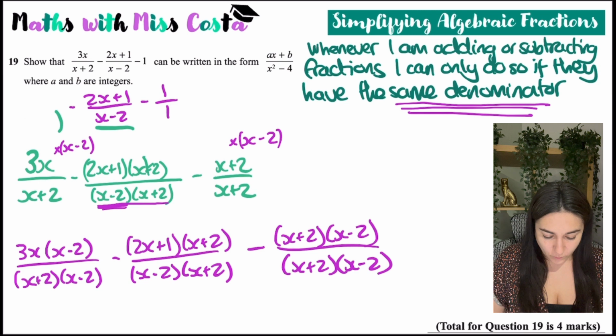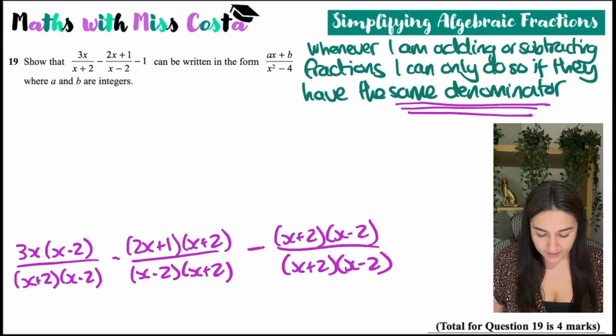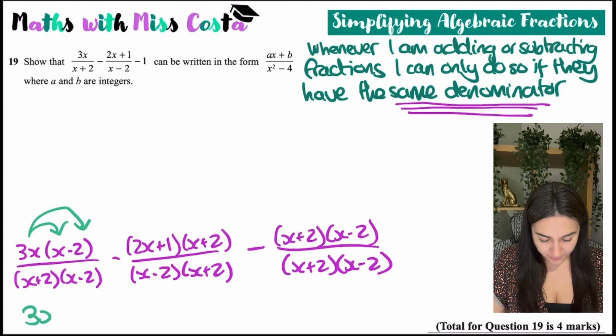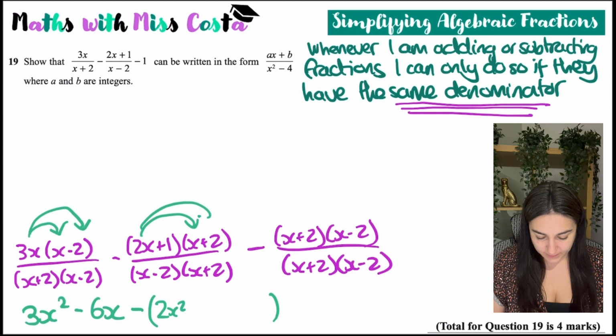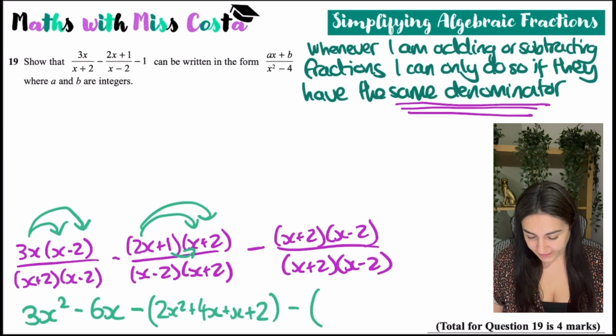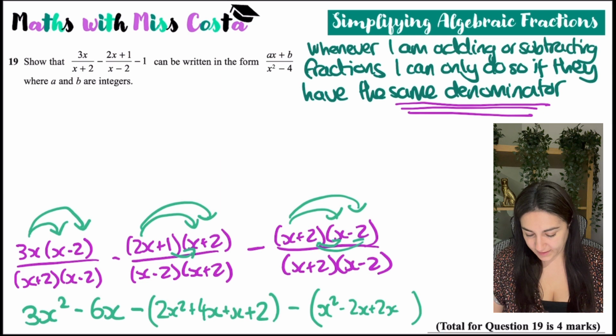So now that I have them all with the same denominator, it would probably help if I expanded the brackets just to simplify my numerators a bit. So that would become 3x squared, take 6x, and this, I'm going to put it in a bracket, would become 2x squared plus 4x plus x plus 2, and this over here would become x squared, take 2x plus 2x, take 4.